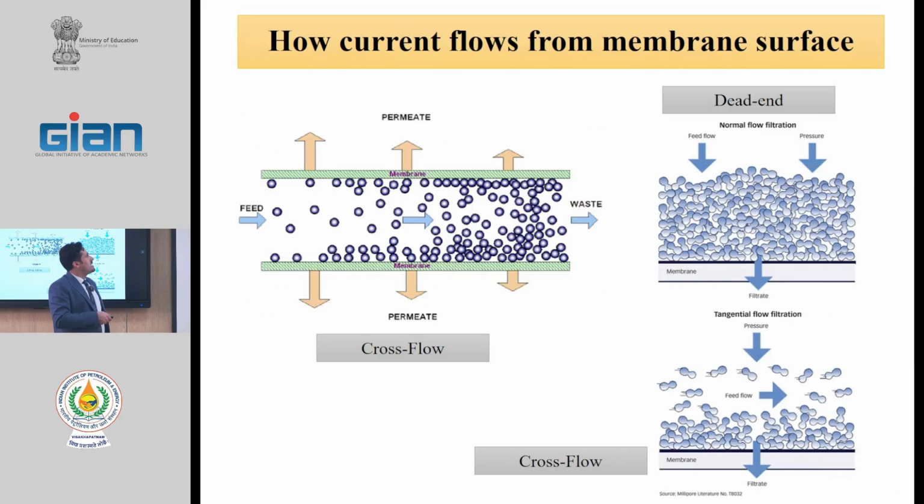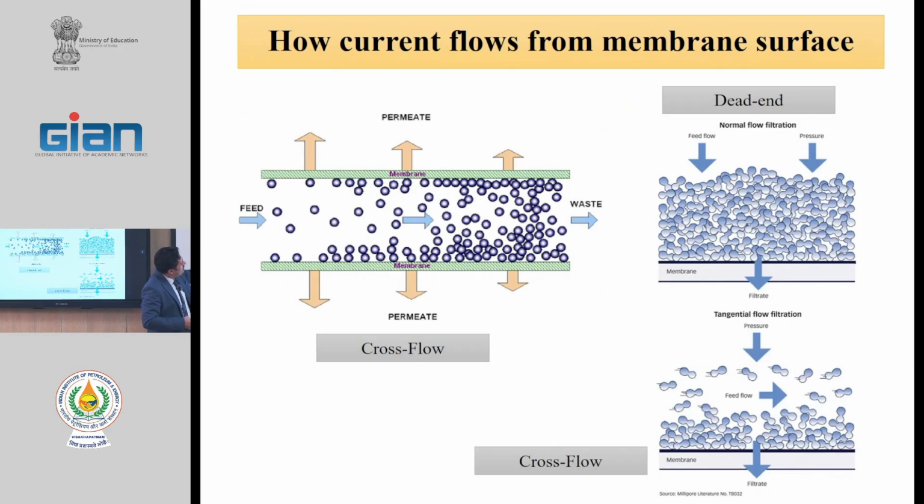Usually for testing membranes in the lab or at industrial scale, we have two flow regimes. We have dead-end filtration or we have cross-flow filtration. In cross-flow, we have a cross movement of the fluid relative to the membrane surface.